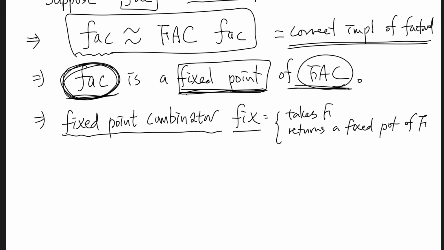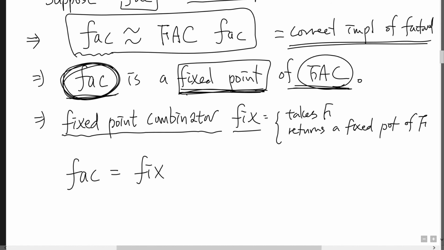Then, in order to calculate the factorial function, you only have to calculate the fixed point of this capital factorial function. So this f fact is a fixed point of factorial.